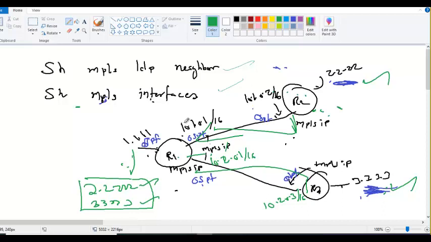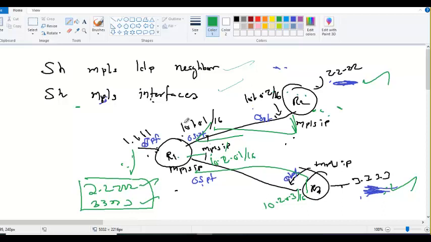See, as of now, the portion covered in MPLS is very little. We learned only MPLS fundamentals, the basic MPLS. For this, you can have a RIP protocol or static routes.